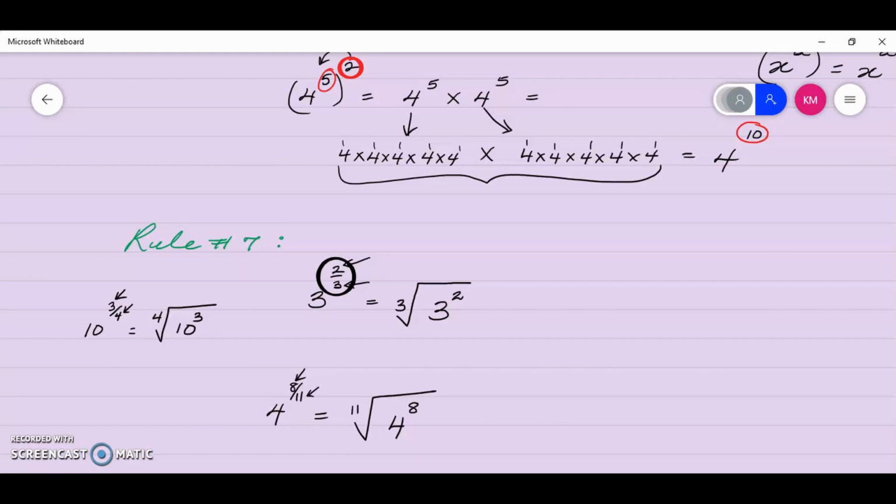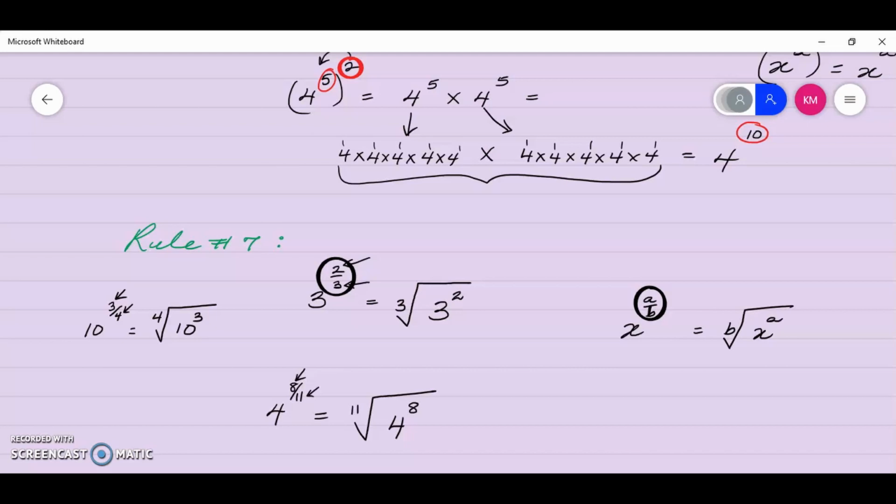So in general, this is going to look like x to the power a over b. Remember, our power here is a fraction, and this is going to be the b-th root of x to the power a. So this is our general rule there.